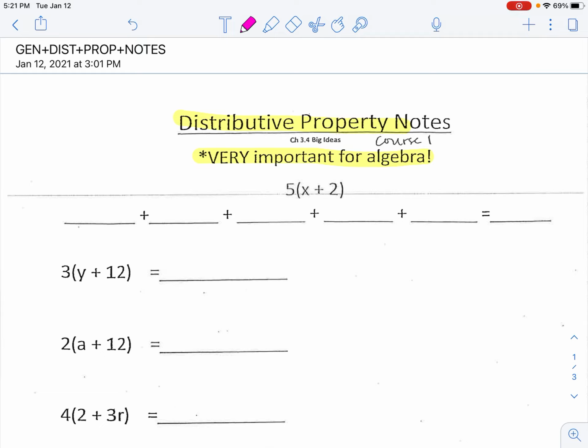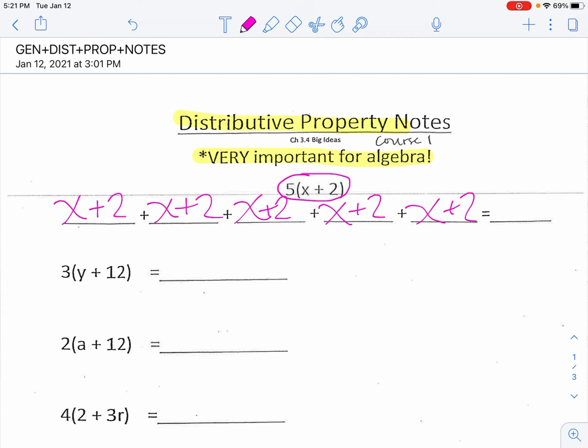When we look at this problem right here, that is read as 5 times x plus 2. So that means we're going to do x plus 2 five times. So we would have x plus 2, twice, 3 times, 4 times, and 5 times.